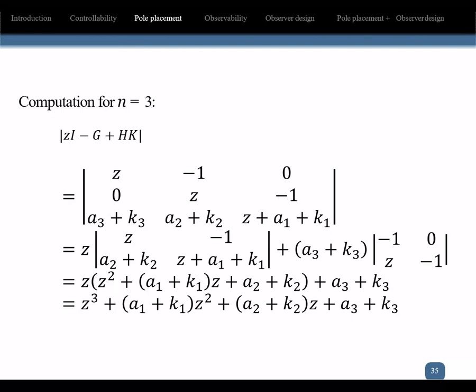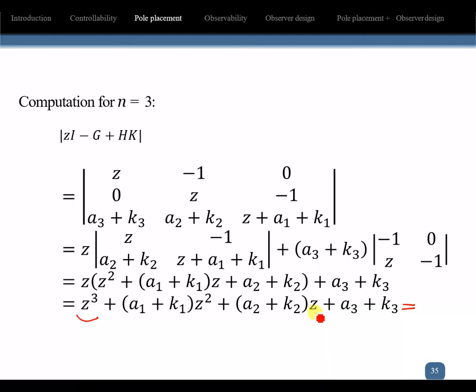Now consider n equal to 3. You will see here a3 plus k3, a2 plus k2, and here a1 plus k1. If you find the determinant of this system, you find z³ plus (a1 plus k1) z² plus (a2 plus k2) z plus (a3 plus k3). This equals my desired poles.